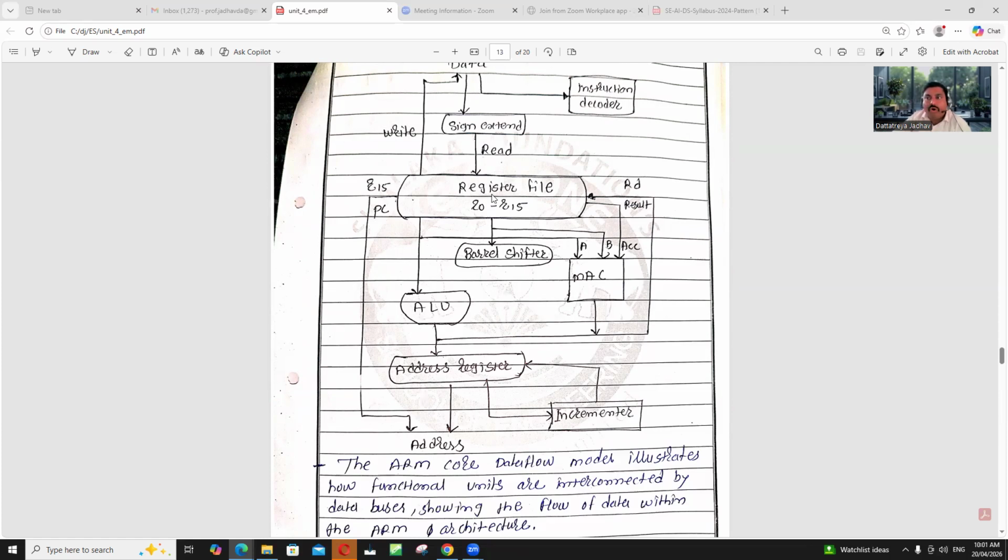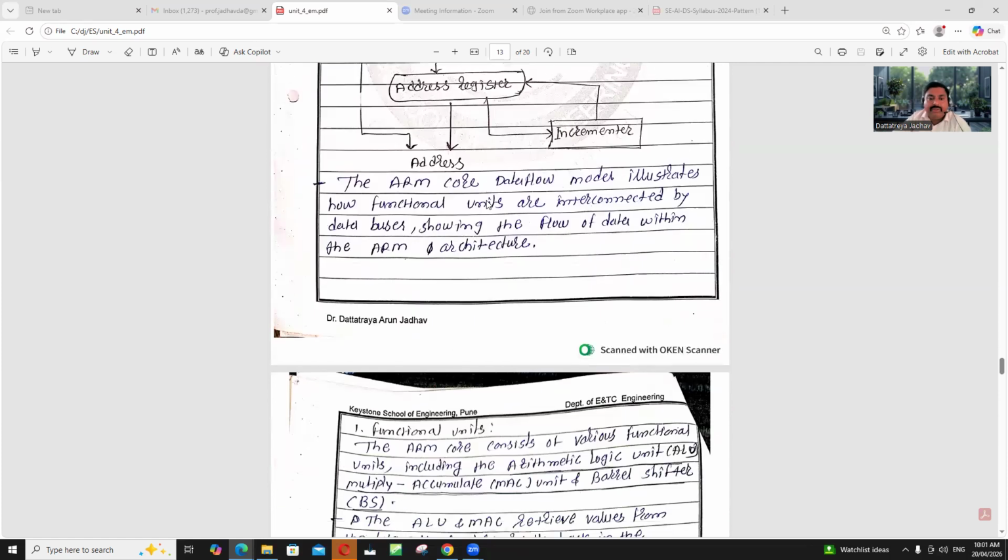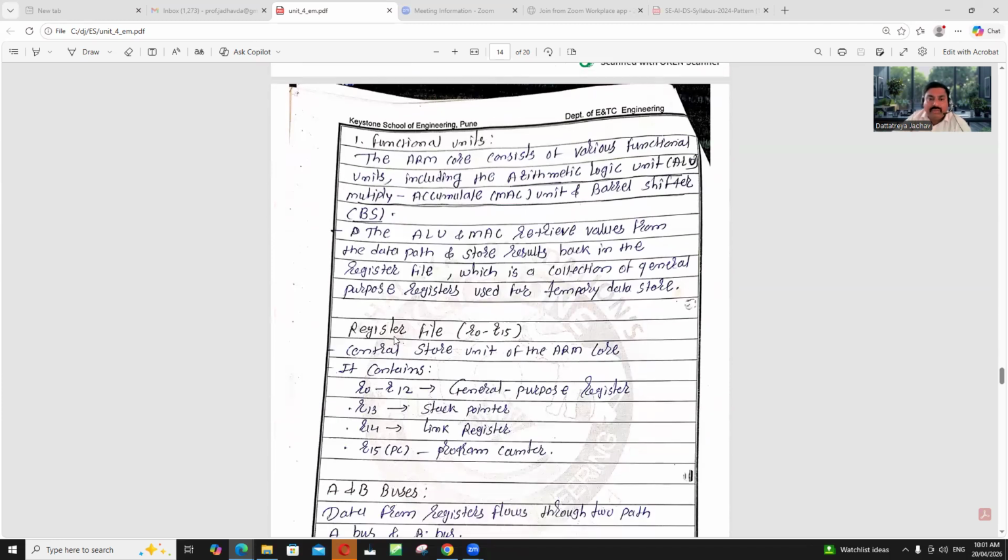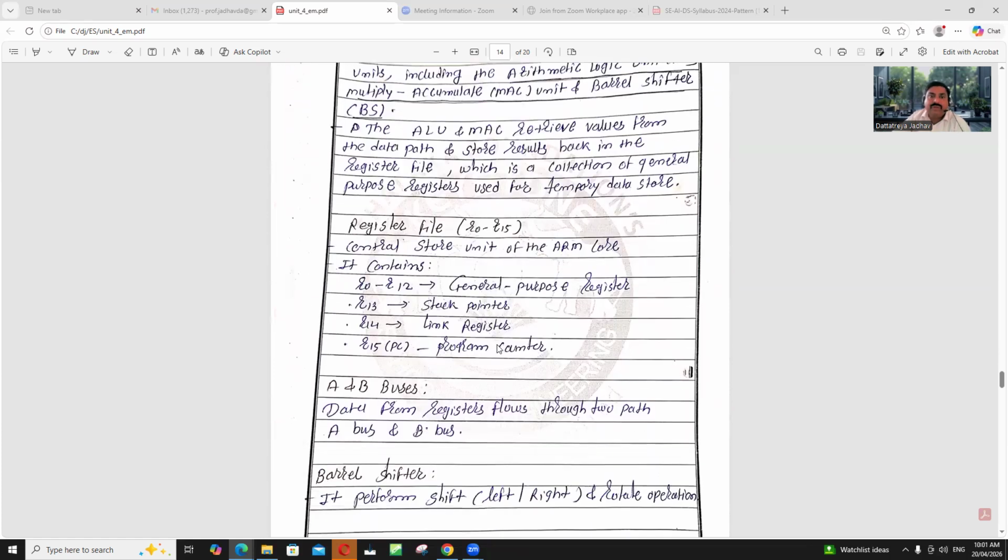There are registers R0 to R15. R0 to R12 are general purpose registers, R13 is the stack pointer, R14 is the link register, and R15 is the program counter.